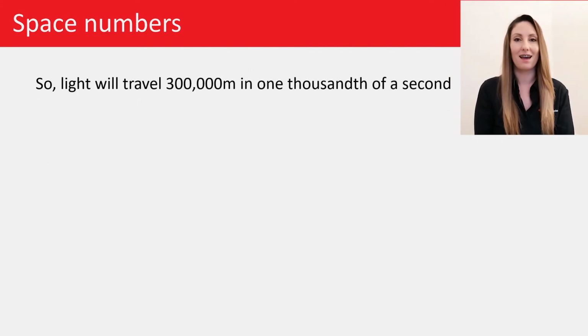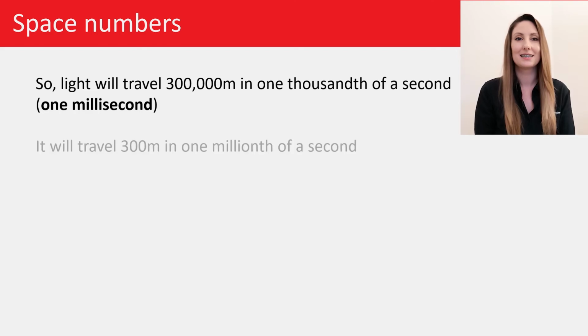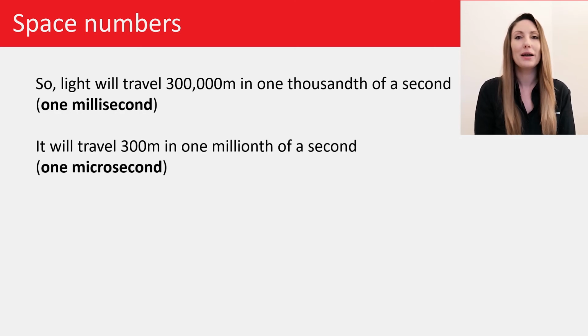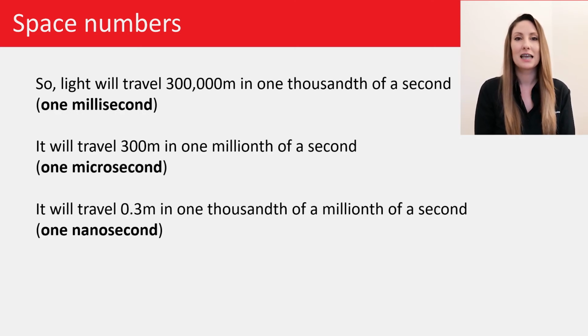It's fun to think that 300 million metres per second is the speed of light. This means light will travel 300,000 metres in 1,000th of a second, or 1 millisecond. It will travel 300 metres in 1 millionth of a second, or 1 microsecond. It will travel 0.3 metres in 1,000th of a millionth of a second, or 1 nanosecond.